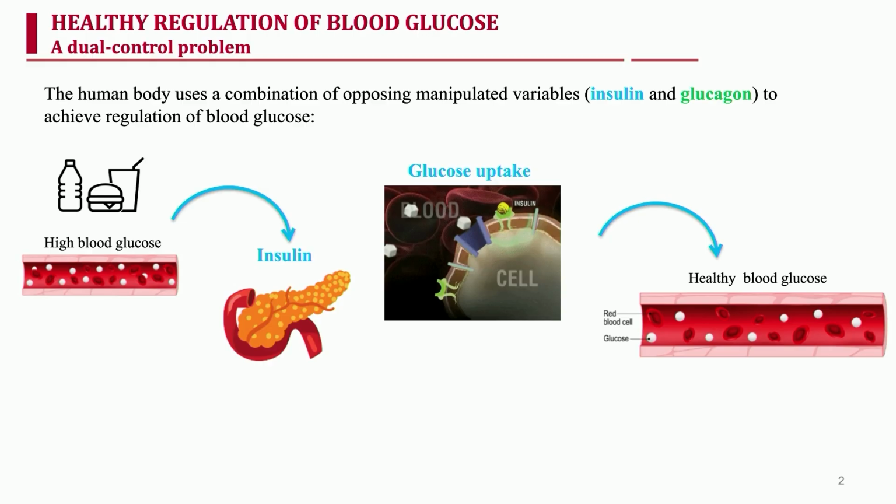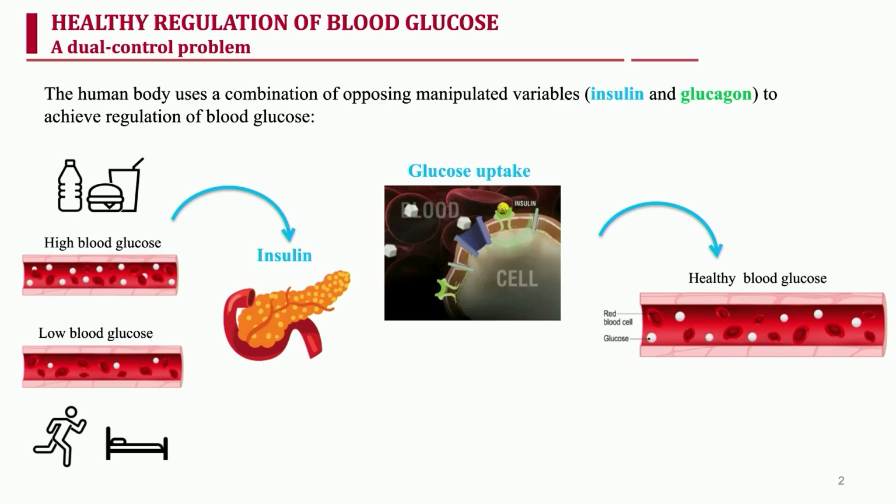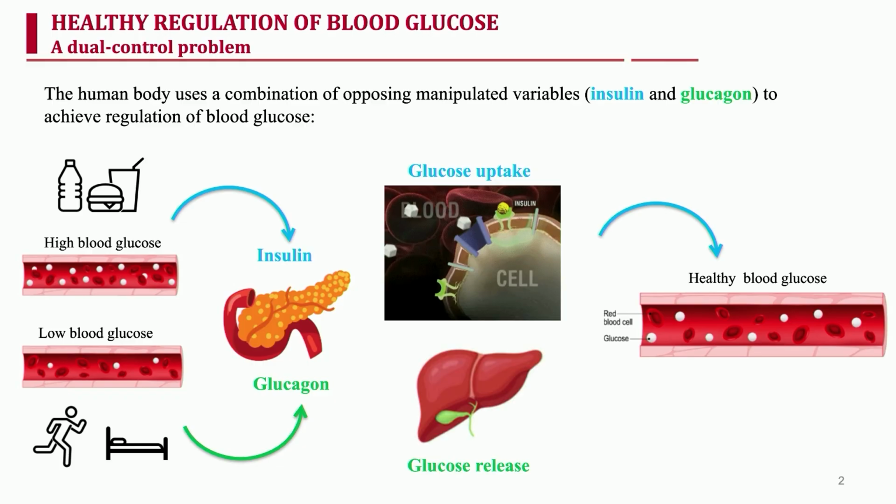Now, glucose uptake acts as a brake pedal in a car, let's say, lowering glucose concentration to a healthy level. In between meals, during resting, or in case of physical exercise, the pancreas releases glucagon, which is a counter-regulatory hormone to insulin. Glucagon goes into the liver, breaks down the previously stored glycogen molecules to release sugar back into the portal circulation, like the speed pedal in the car, so that we have healthy glucose regulation again.